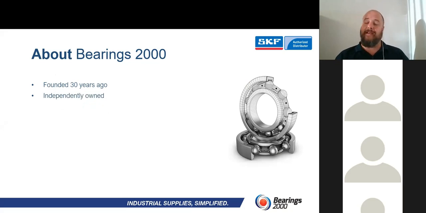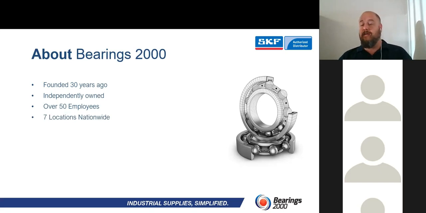We are independently owned, so we're not part of a big corporate structure, if you want to put it that way. Currently, we've got over 50 employees. Last number I actually checked, somebody said to me we're closer to between the 60-70 mark. 7 locations nationwide, including 3 big distribution hubs situated in Cape Town, Durban, and the Johannesburg region.